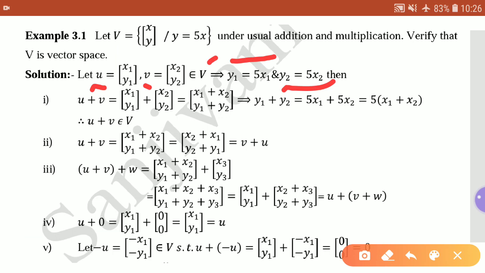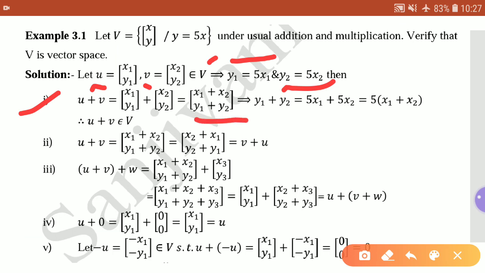Very first we are going to check whether it is closed under addition or not, that is, whether u plus v belongs to the set V or not. So let us add the two vectors u plus v. This is the addition of two column vectors. We know how to add matrices; in that way we add it. These are column matrices, or column vectors as we say, because we are in a vector space.